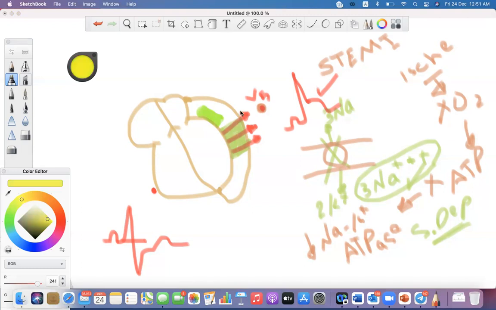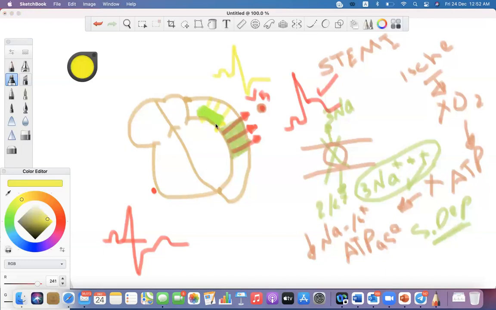And as you know, electrical activity transmits according to a voltage gradient from low voltage to high voltage. So here the electrical activity will move towards this. So it moves away from the electrodes, so it produces ST segment depression like this.